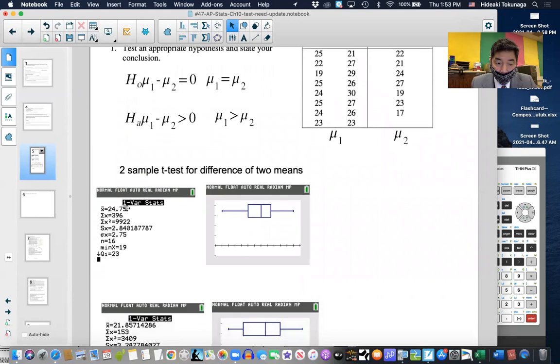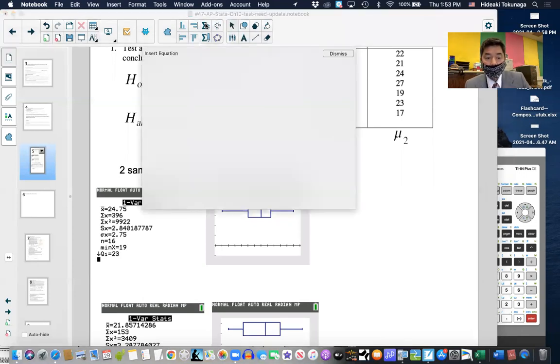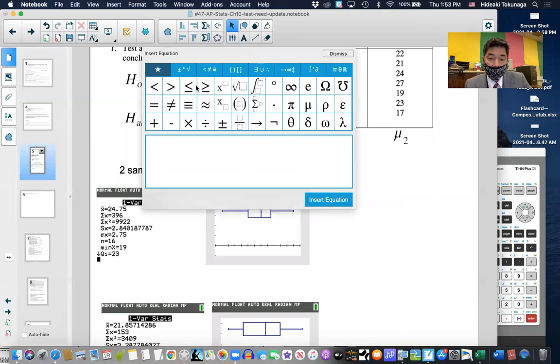You get the 24.75 and 21.86. So I put the equal sign, a fraction, 24.75 minus 21.86. This is the statistic, and the parameter is 0, so the null difference is 0.